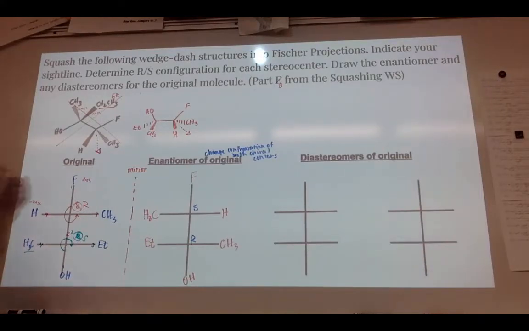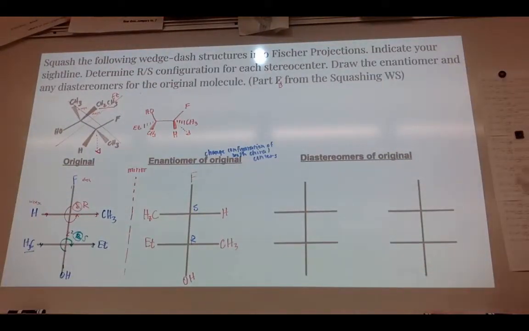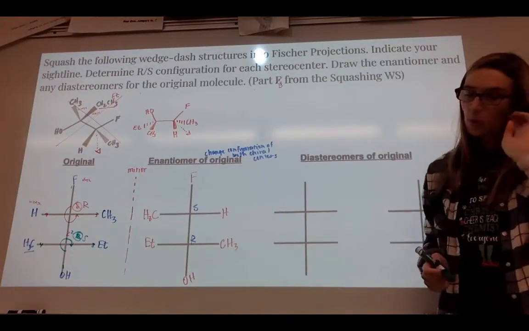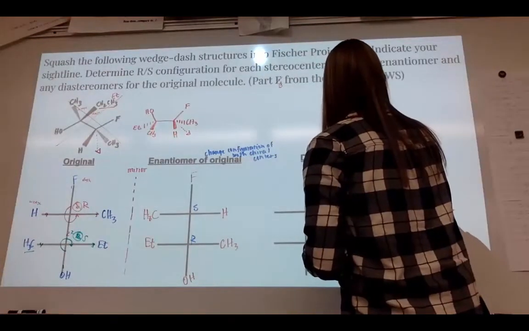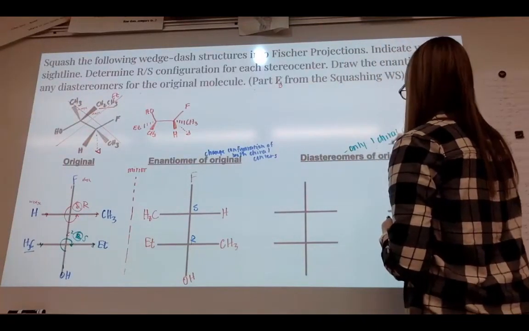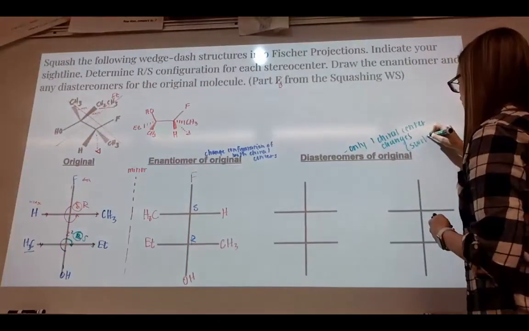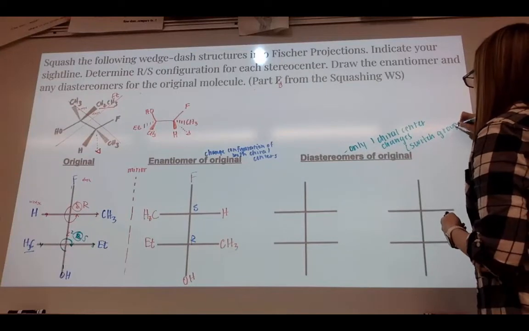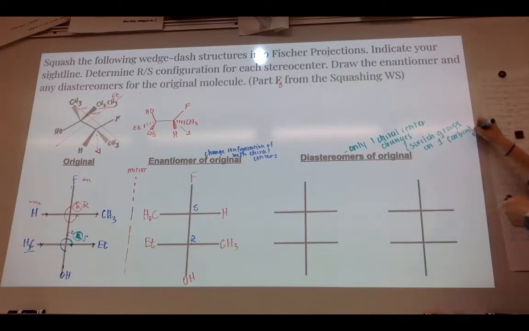And then for diastereomers, remember the definition as we were looking at R and S of diastereomers is that only one chiral center changes. What that means is that you switch groups on one carbon, which is why we have two possible diastereomers.